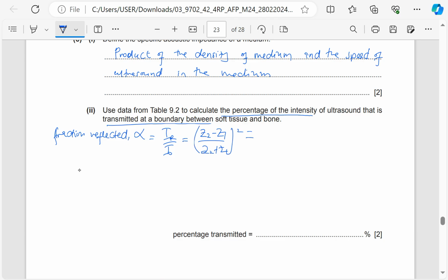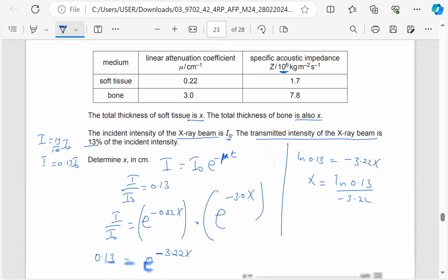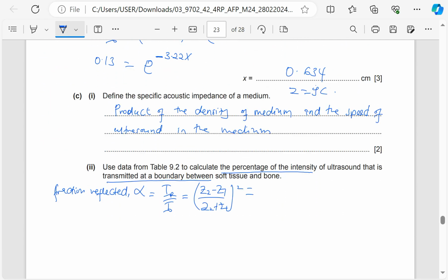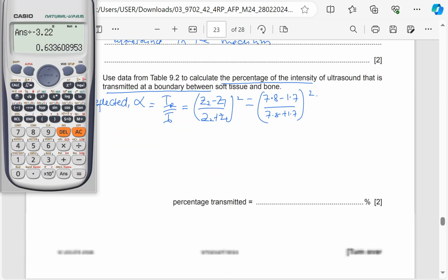The powers of 10 are the same, so I will not consider the power of 10. So it is going to be 7.8 minus 1.7 over 7.8 plus 1.7, and this is squared. Remember, this is the fraction which is reflected at the boundary, not transmitted.